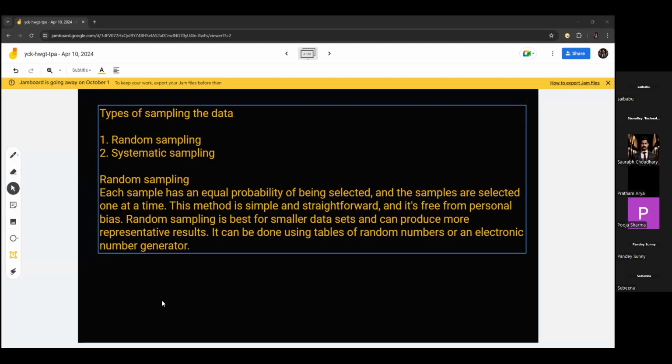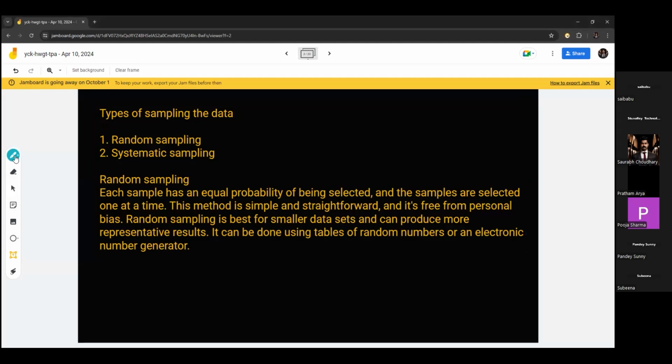As we know, it's very easy, right? We can directly get our data from anywhere. It's a probability sampling method. All the data has the same probability.